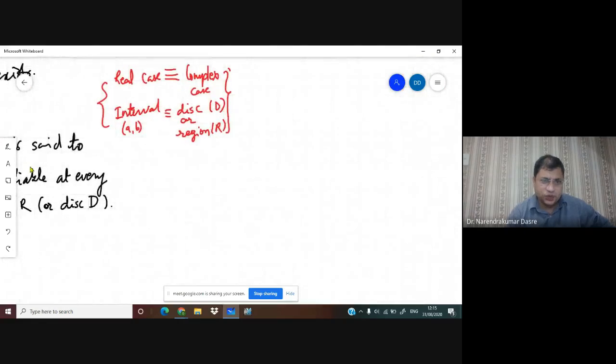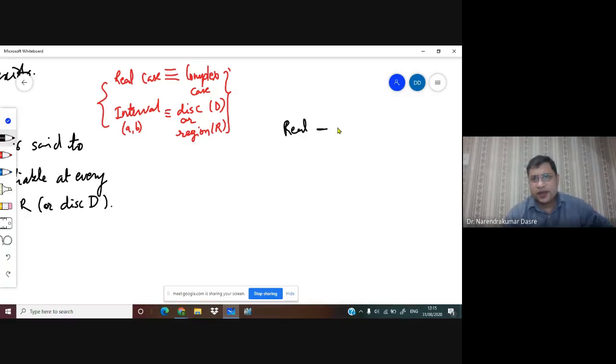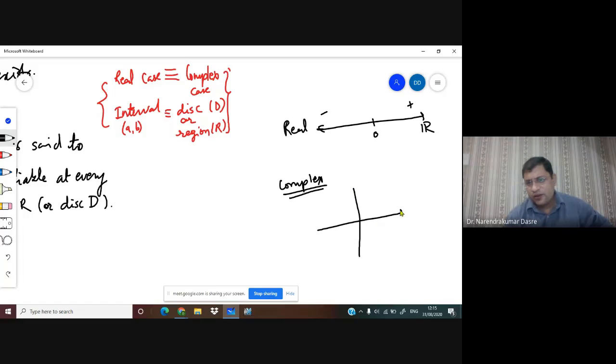So the question is, how do we represent a complex number? In the real case we have a real line, starting from 0. We have positive numbers and negative numbers on this side. Now think of the complex region. How do you represent a complex number? If you remember, we represent the complex number like this, x and y.